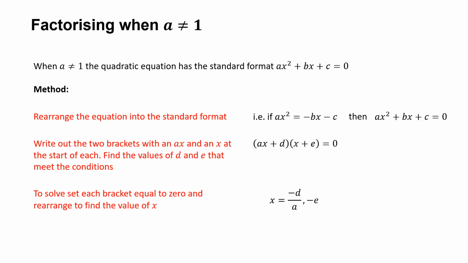Remember, this is because we have to set each bracket individually equal to 0. So the left side bracket, which is ax plus d, when we set this to 0 and rearrange, we're going to get that x equals minus d over a. And then for the x plus e bracket, to set this to 0, x will be equal to minus e, which is the same as before.